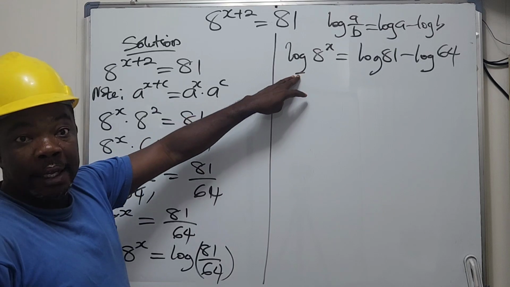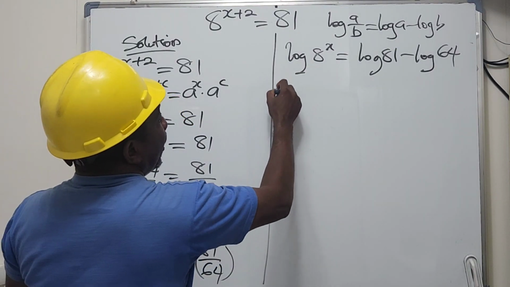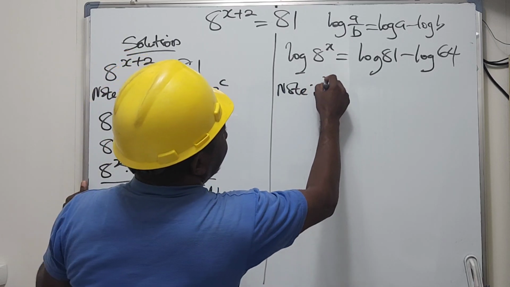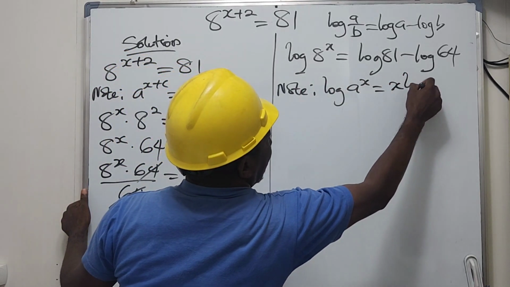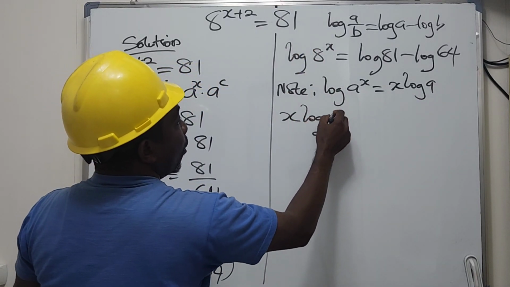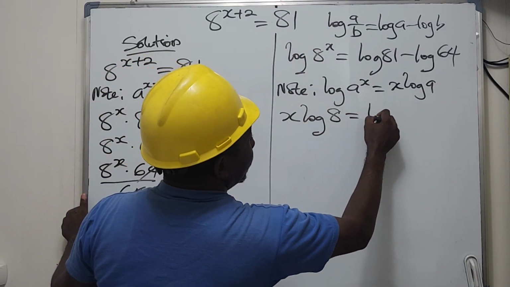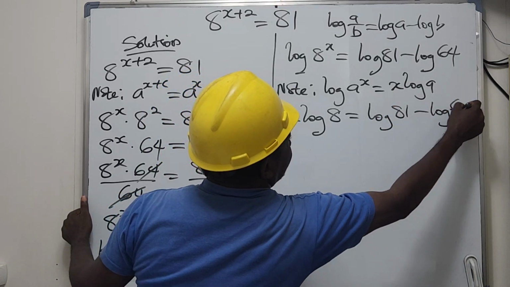But on this left hand side, we can introduce the law of logarithm that says log a to the power of x is the same thing as x log a. So here it will become x log 8 equals log 81 minus log 64.